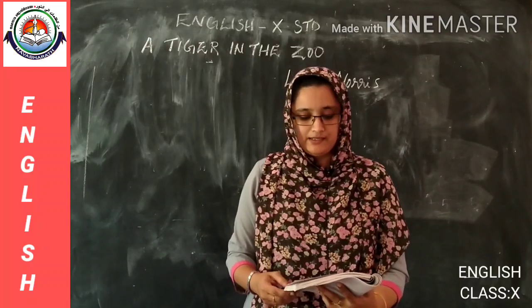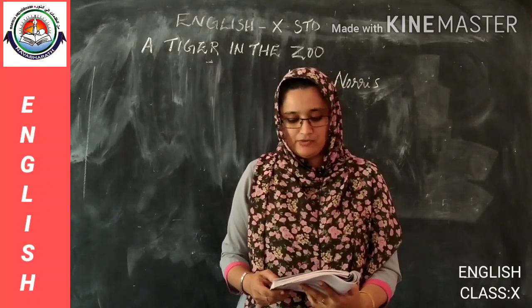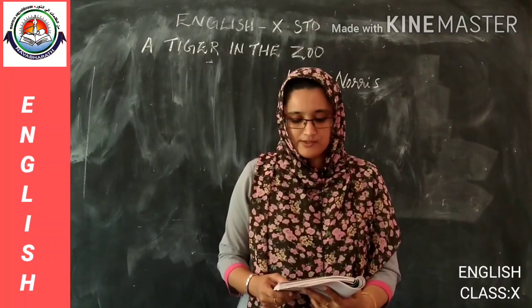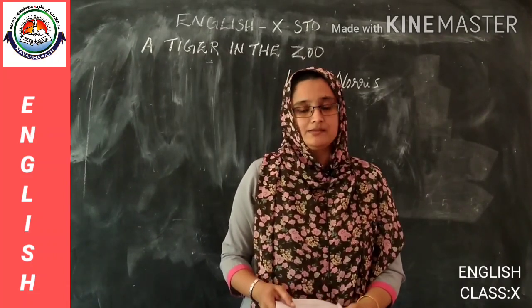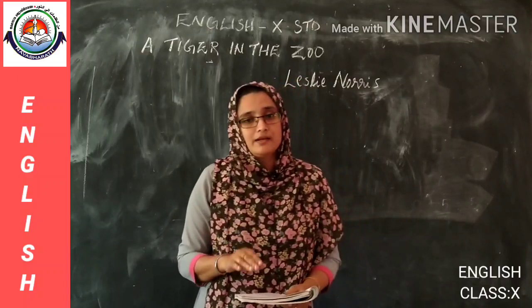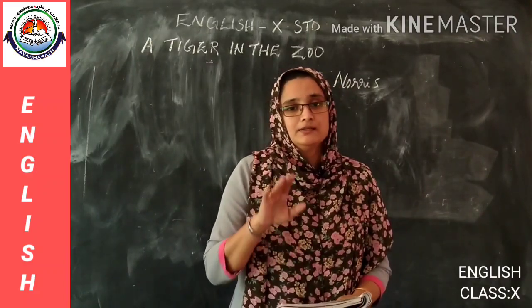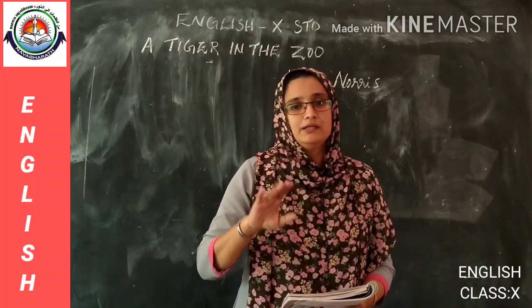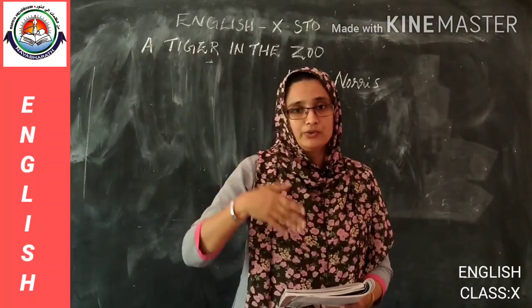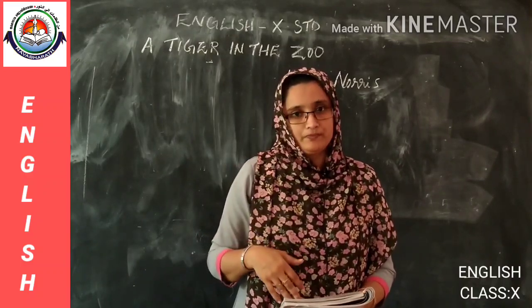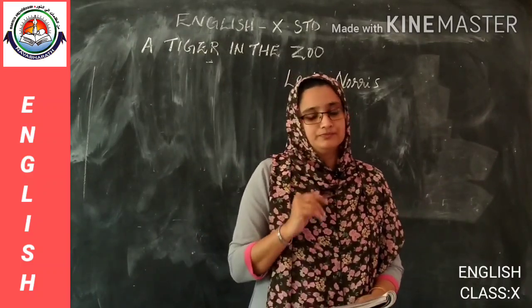Read the poem silently once and say which stanzas speak about the tiger in the zoo, which ones speak about the tiger in the jungle. Children, you must read the poem very silently while watching the video, okay? Immediately after watching the video or during this time itself, you can just pause and you can read the poem, right? Shall we move? Okay.